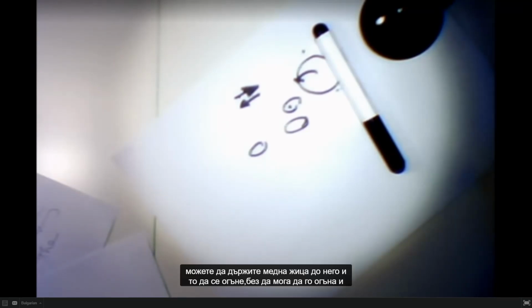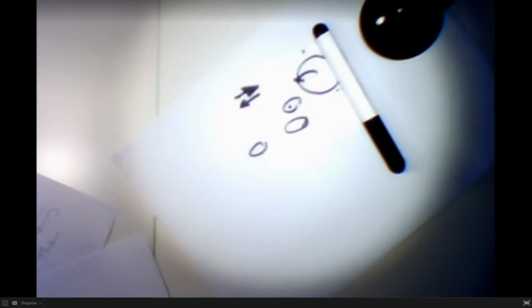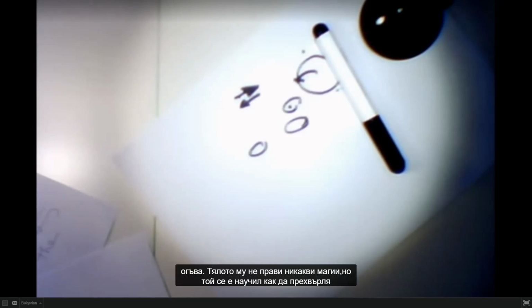But you can hold a copper wire and bend it, where I would have to literally do everything to bend it, but you do it just by holding it. This is what the magician does, the famous magician who holds a spoon or a knife and bends it.